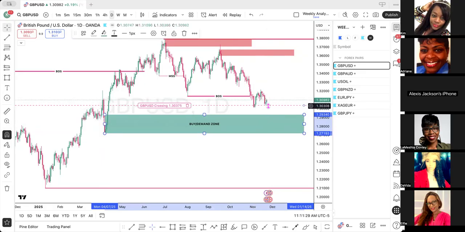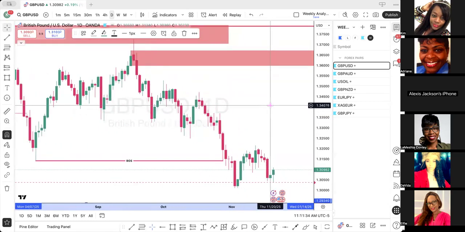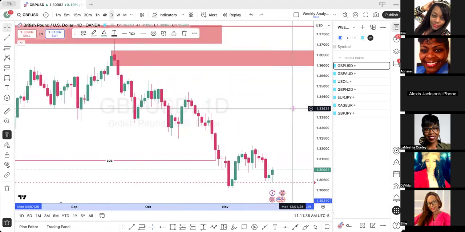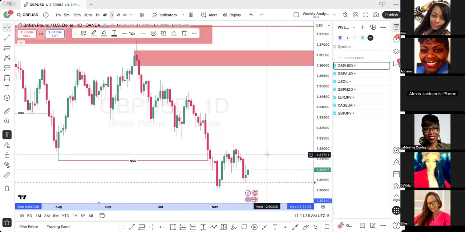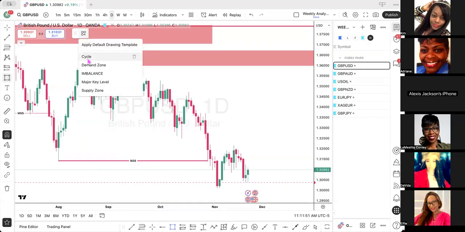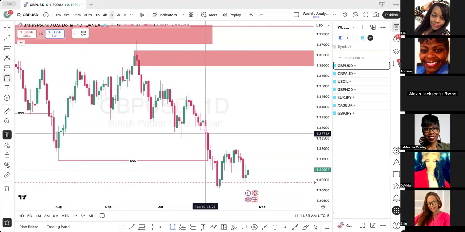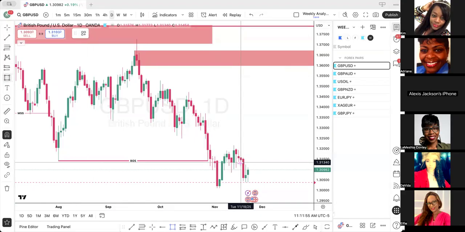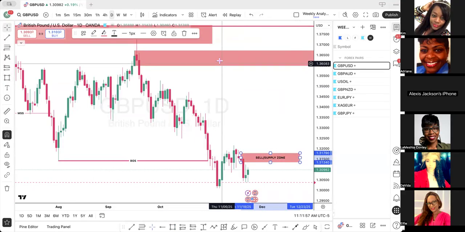So price is likely going to sell, or if it buys up, I think it's going to sell. But if it does buy up, I would be looking for price to buy up into at least somewhere up in here.